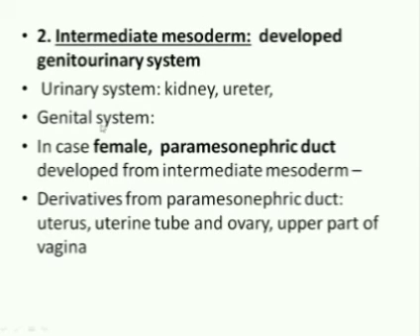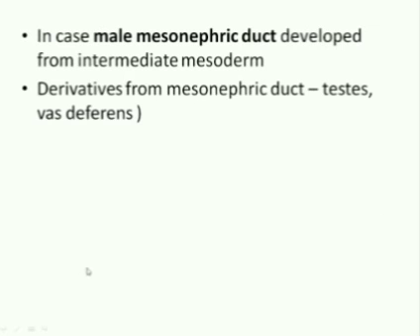Within the genitourinary system: kidney, ureter, genital system. In females, the paramesonephric duct is developed from the intermediate mesoderm, and its derivatives are the uterus, uterine tube, ovary, and upper part of the vagina. In males, the mesonephric duct is developed, and its derivatives are the testis and vas deferens.